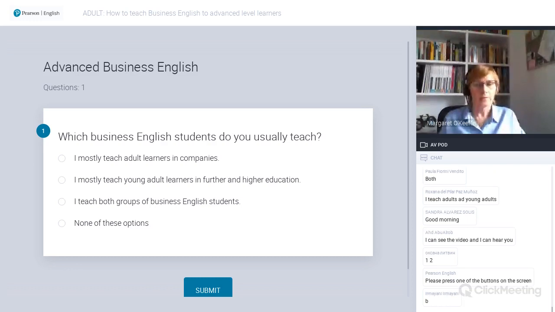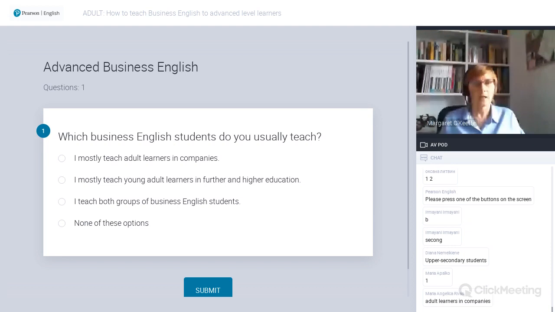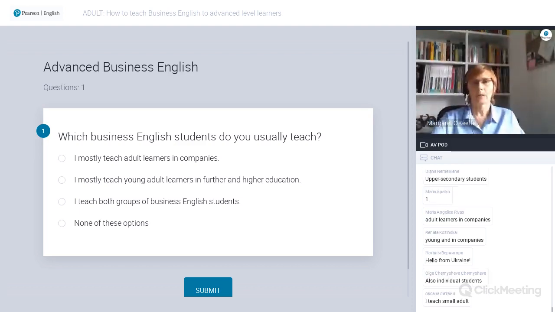Then we have a smaller group that are teaching both sets of students. And then there's a few people who are not teaching any of those groups, presumably, but are interested in the topic. Yes, upper secondary students would go into the second group there, young adults. So they might be 16 plus, 16 to 18 in further education. Quite a lot of people are doing both. Okay, just another few seconds there. Any more people would like to vote?